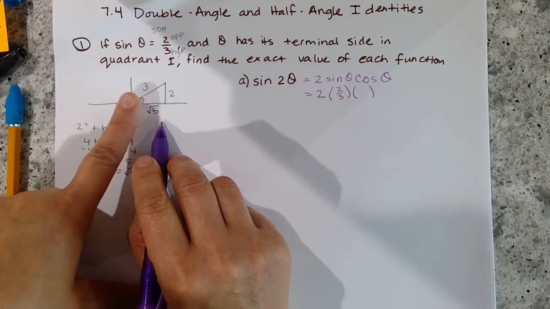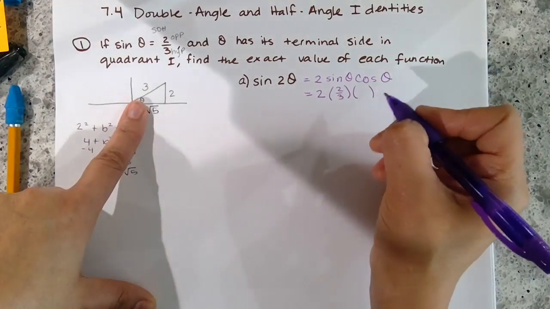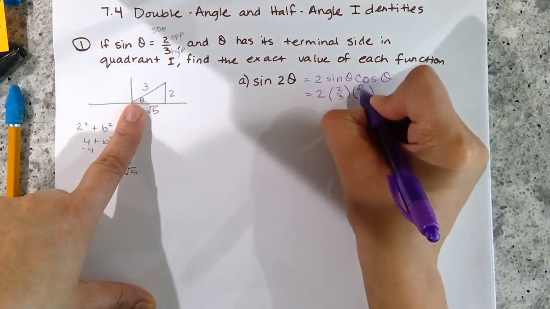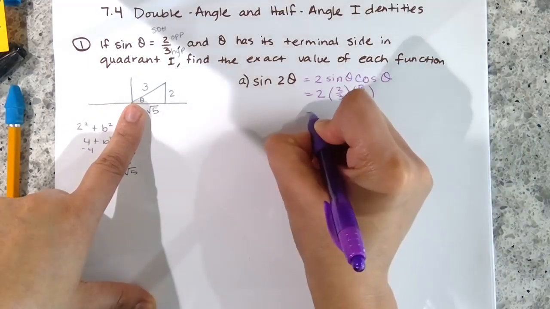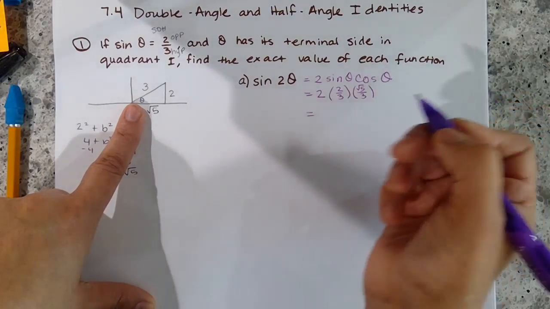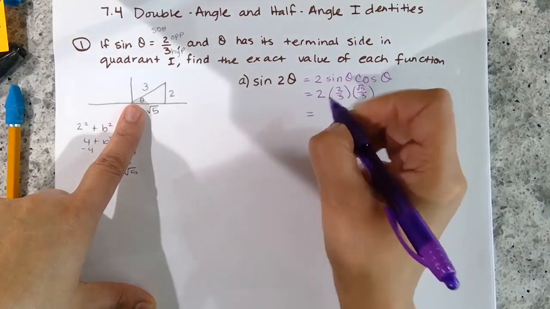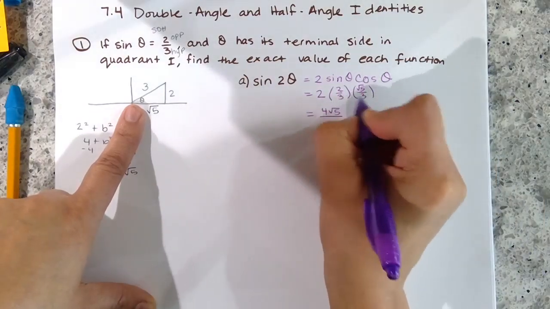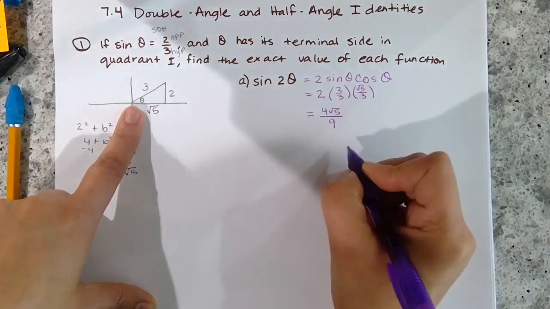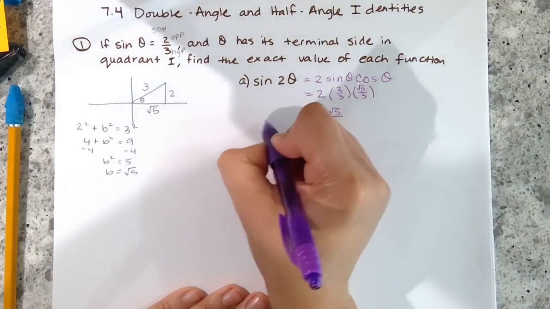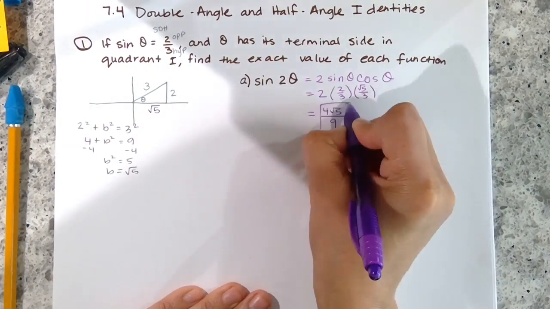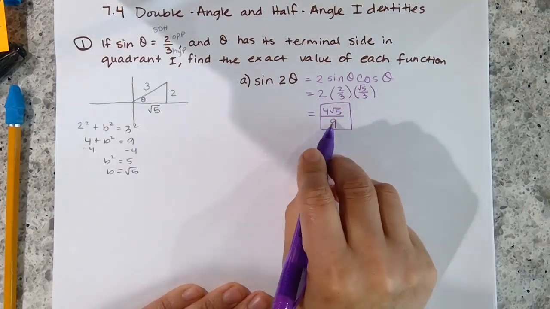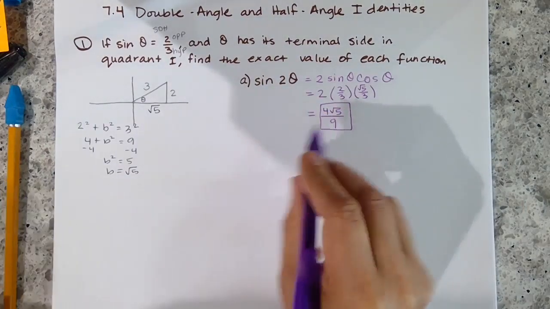So the adjacent over the hypotenuse is square root of 5 over 3. Last thing you're going to do is just multiply across, clean it up. So 2 times 2, that's 4 square root of 5. 3 times 3, 9. Looks good. Nothing has to be rationalized. So sine 2 theta equals 4 square root of 5 over 9.